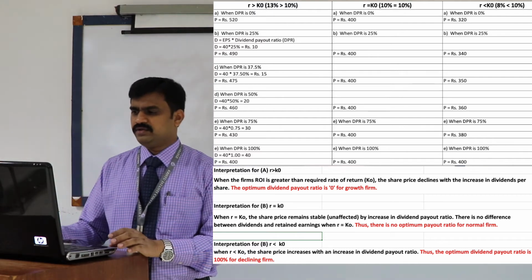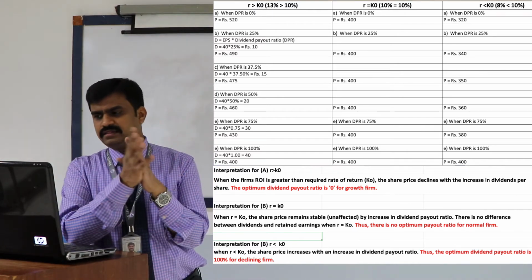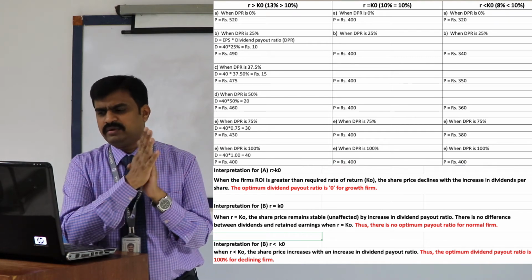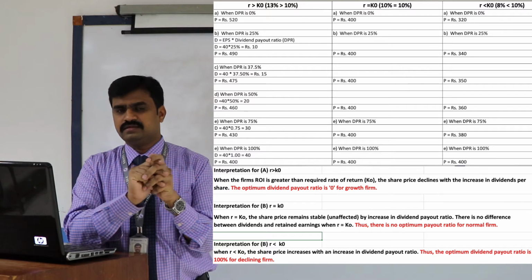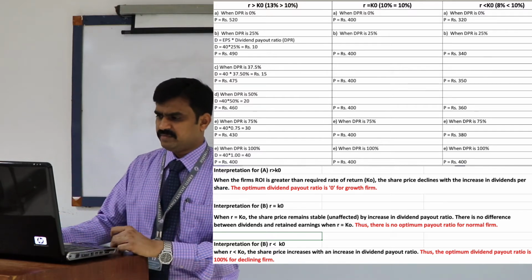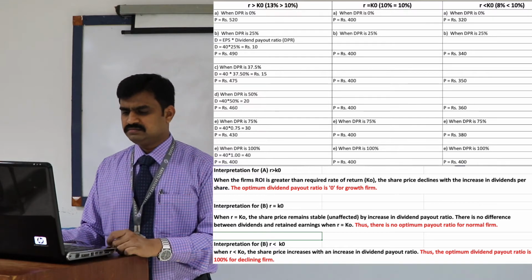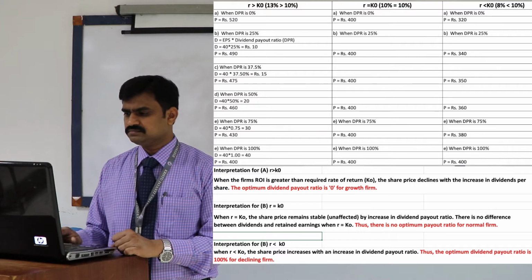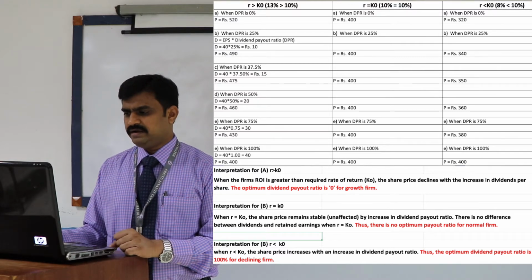Yeah. So here you can see now, when R is lesser than K naught, for this company, what is the optimum dividend policy? Can you guess? Is it 0%, 25%, 37.5, 50, 75 or 100? It is 100.